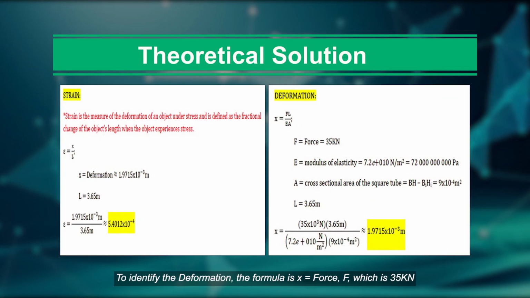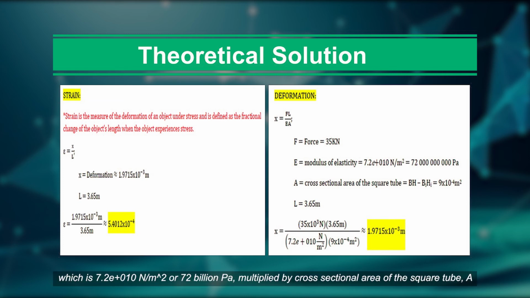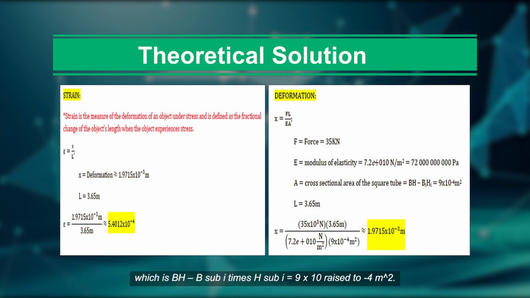To identify the deformation, the formula X is equals to force F, which is 35 kilonewtons, multiplied by length L, which is 3.65 meters, all over the modulus of elasticity E, which is 7.2 E plus 10 Newton meters squared, or 72 billion pascals, multiplied by cross-sectional area of the square tube A, which is BH minus B sub I times H sub I is equals to 9 times 10 raised to negative 4 m squared.